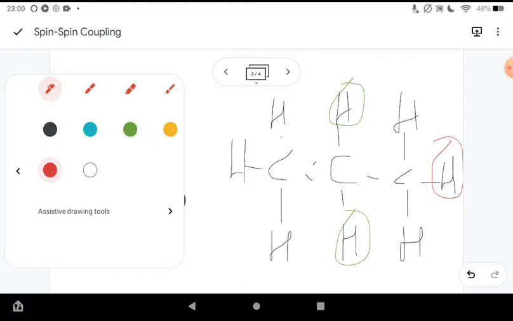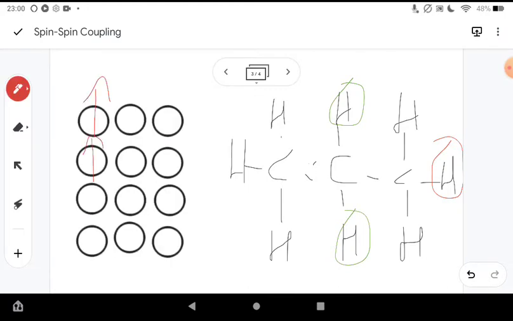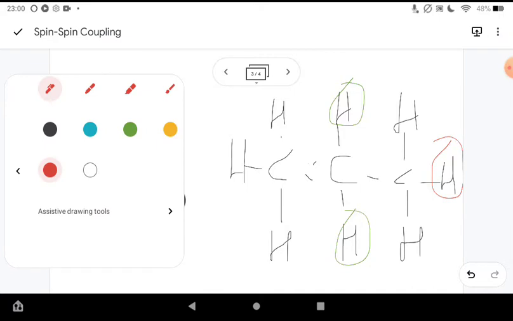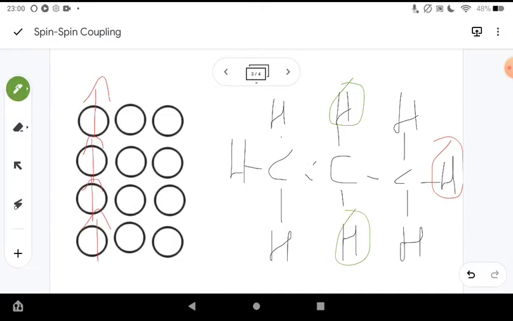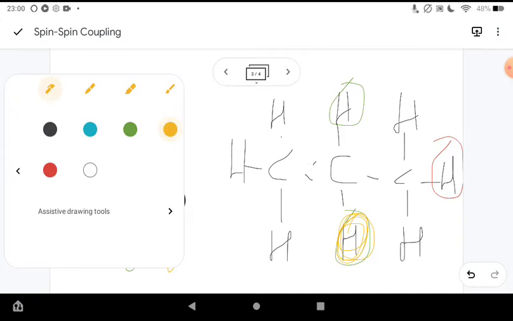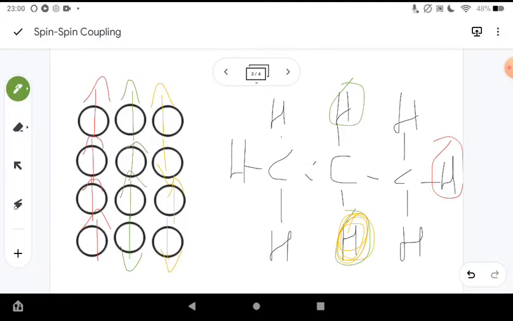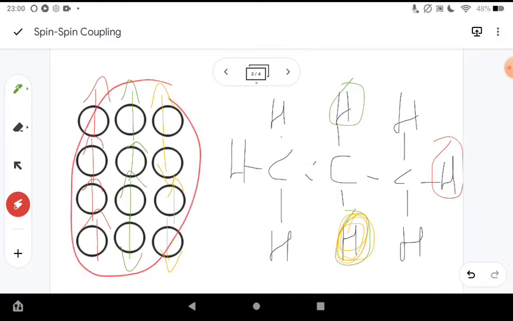Let's change this one to yellow so you can see the difference. We could have it where both the green and the yellow are spinning up. We can have it where both are spinning down. We can have it where the green is up and the yellow is down, and where the green is down and the yellow is up. So these are my four combinations.